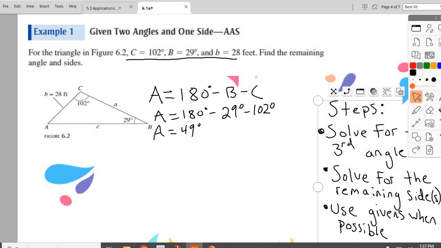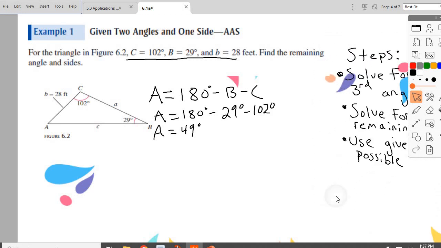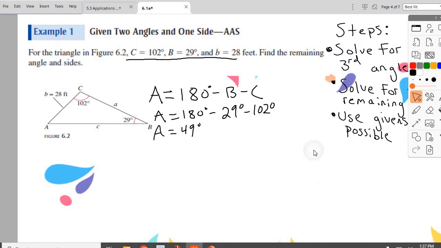So then from there, it's usually helpful to solve for the biggest side first. So how do we know which one's our biggest side? Yep, it has to be across from the, well, we don't have a hypotenuse because we don't have a right triangle. But it has to be across from the largest angle. So in this case, which is going to be our largest side?